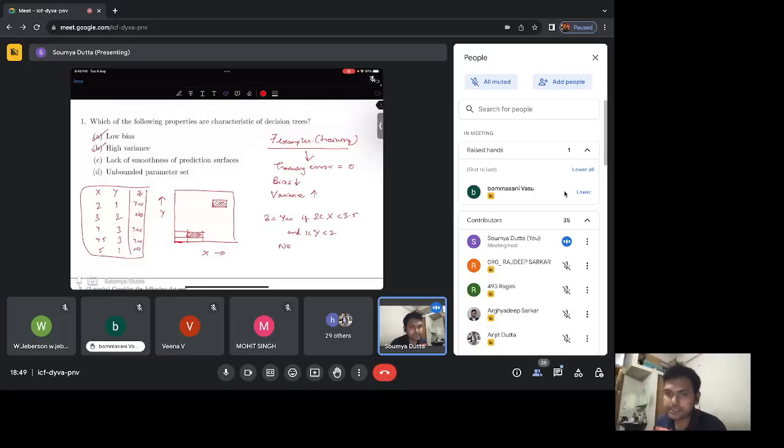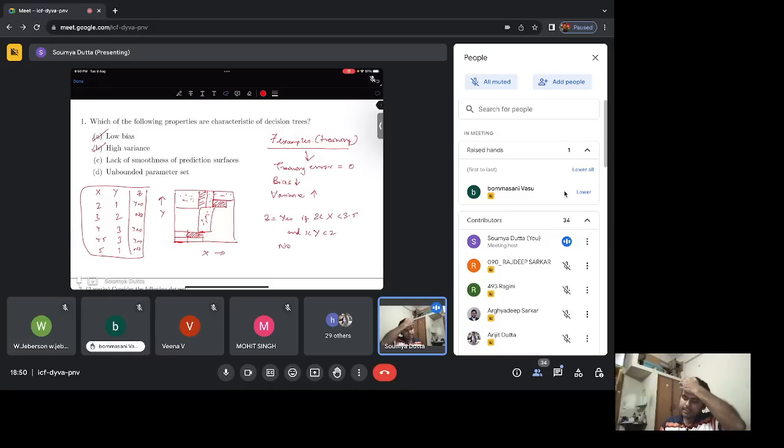Decision trees can give you such things, where this becomes yes, this becomes yes, this becomes no, again this becomes no. I will shade it differently, otherwise this will be confusing. So these are all the no regions, these are all the yes regions. Again, this is a yes region, and this entire thing is a no region.